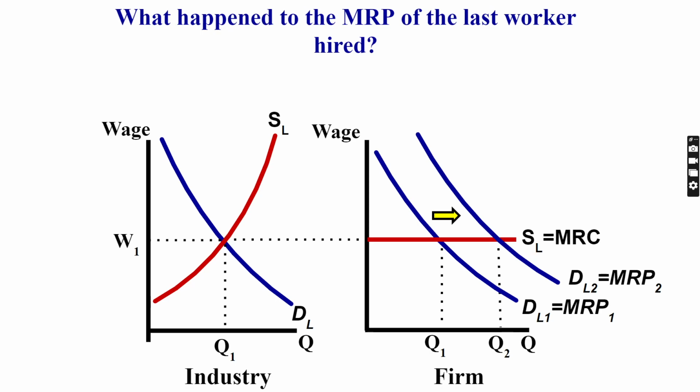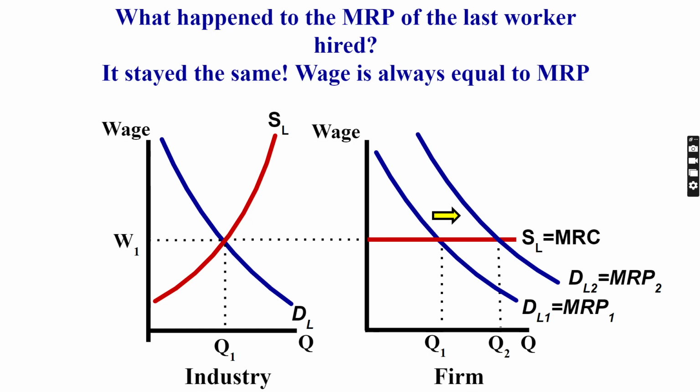They are going to pay their workers the wage set by the perfectly competitive factor market. And so because the wage didn't change, because the supply of labor didn't change, the firm is going to be demanding more labor, but the marginal revenue product of the additional workers is not necessarily changing. And so the MRP is going to be constant.